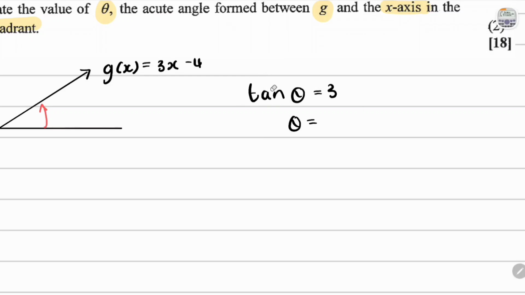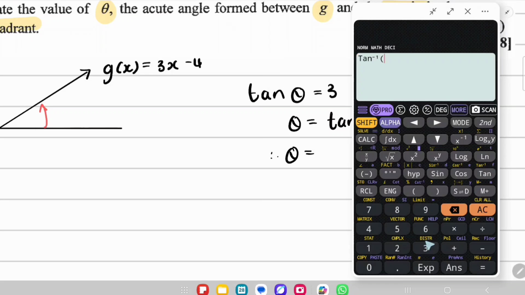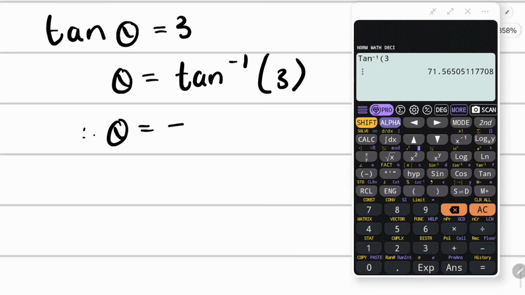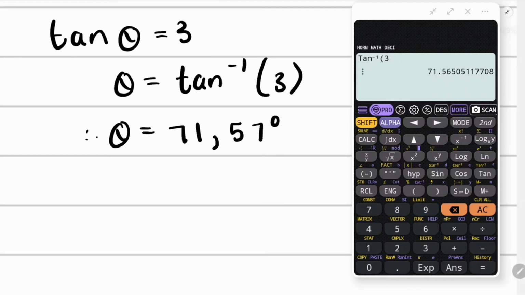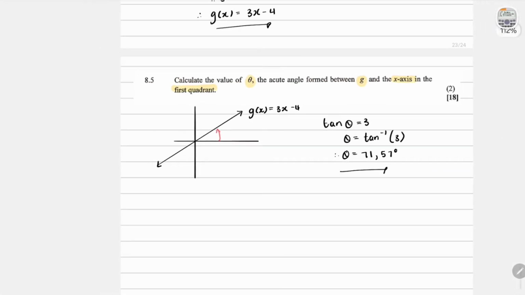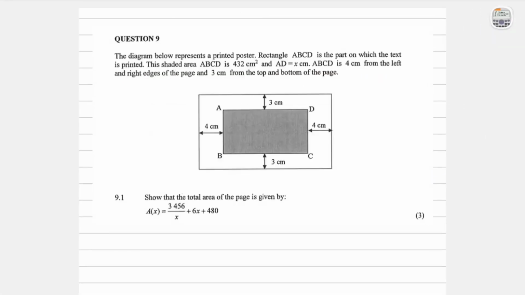You can also see this as taking tan over, so it becomes the inverse. So theta is finally equal to whatever shift tan 3 is on your calculator, and we're just going to round off to 2 decimal places. So that's 71.57 degrees. And that is our final answer. And that is it for question 8.